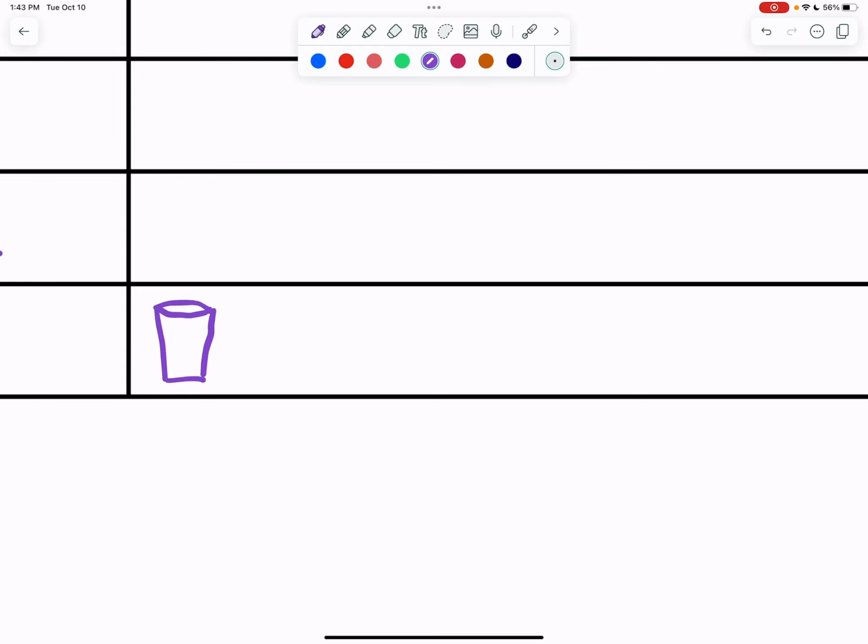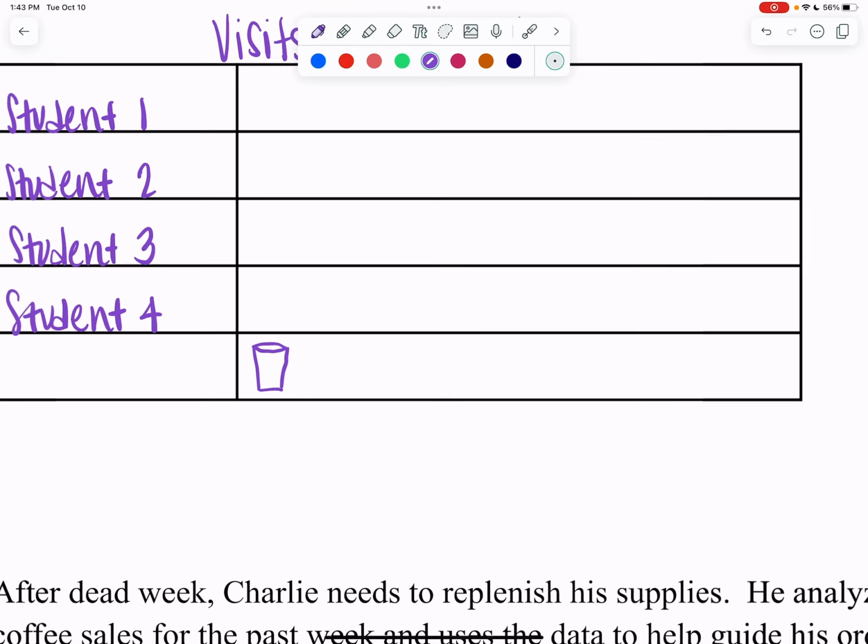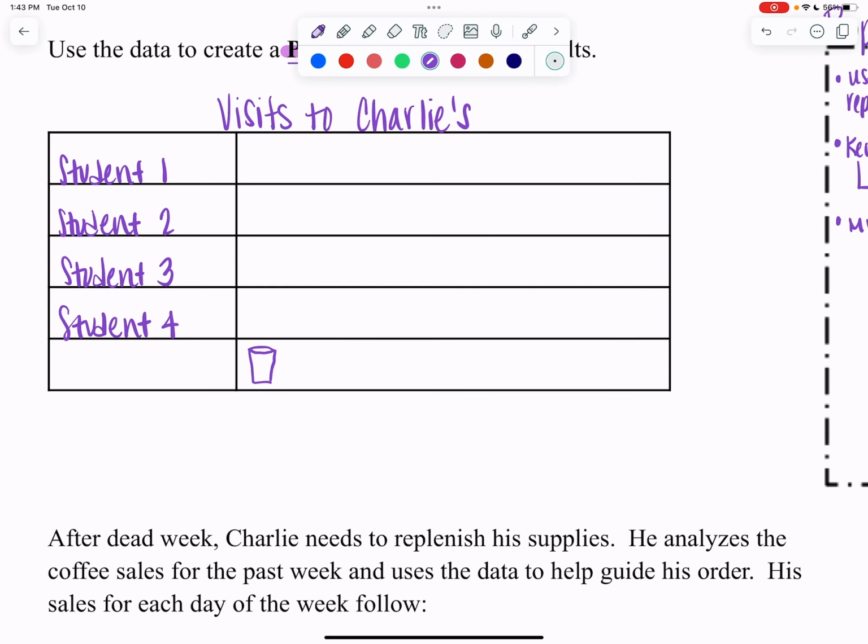The little to-go coffee cups. Laugh if you want to. We don't have that many. So let's just say 1 coffee cup equals 1 visit. That is our key. That tells people what they're looking at.